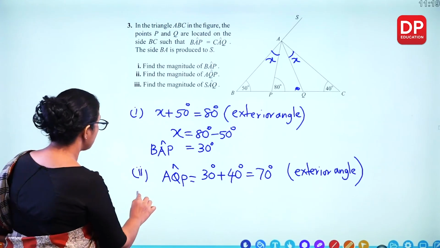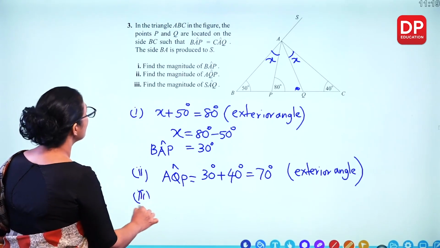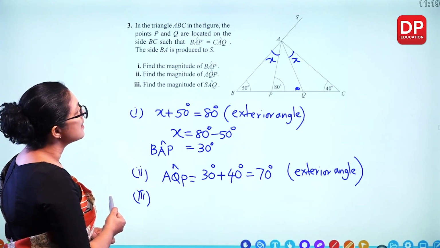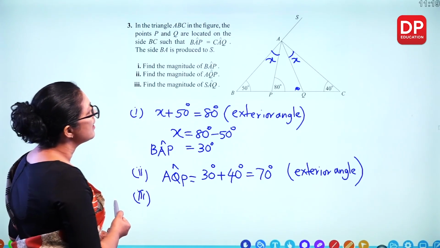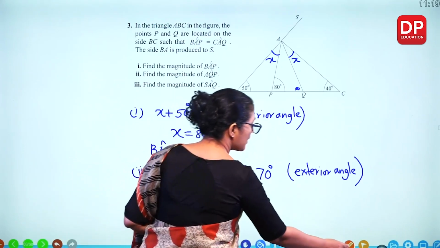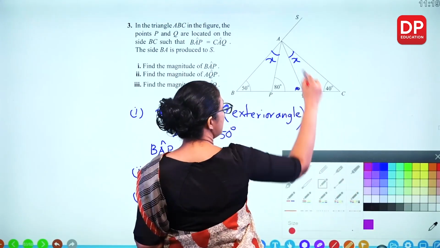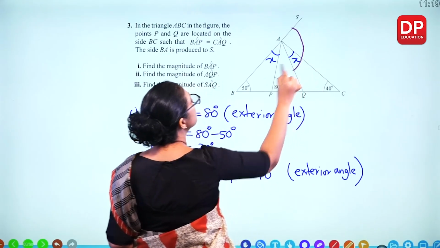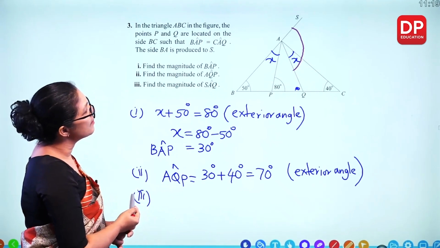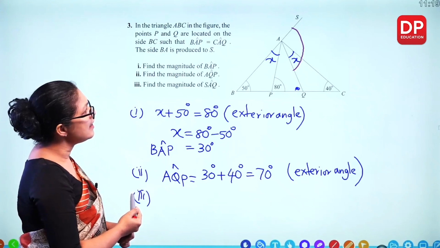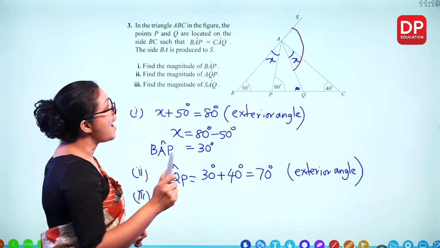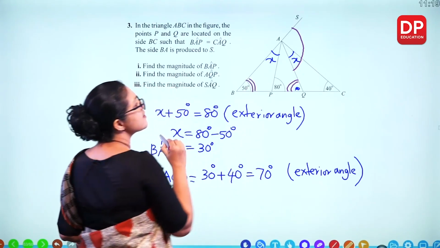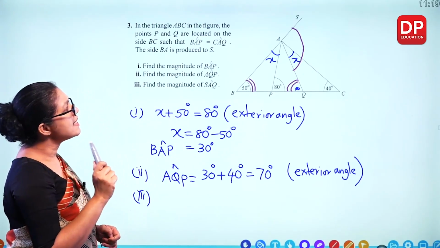Now the third part, find the magnitude of SAQ, this angle. What's that? That's the exterior angle to these two angles. Those are the opposite interior angles.